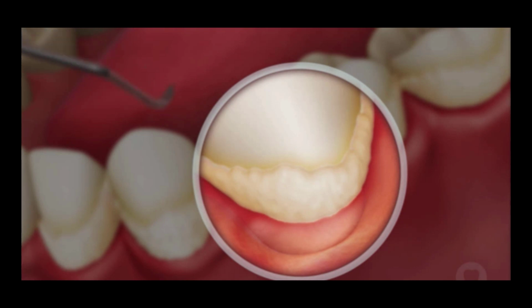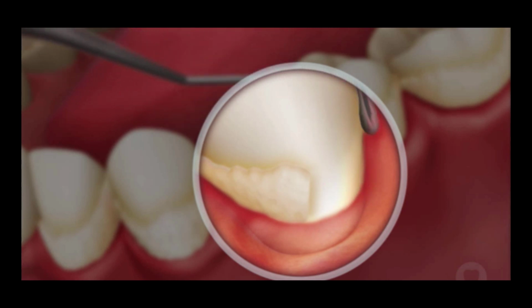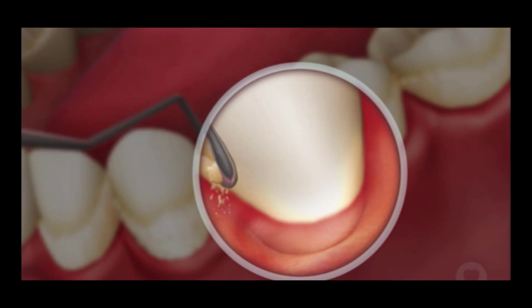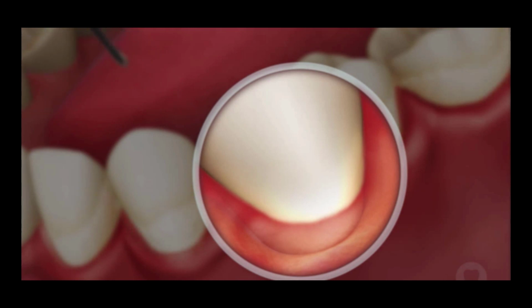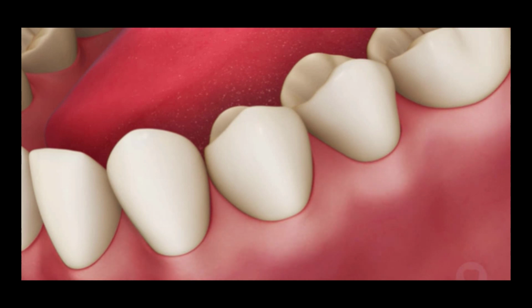Root planing involves carefully removing plaque and tartar that builds up below the gum line on the root surfaces, using special instruments called scalers. With regular professional cleanings and good home care, the damaging effects of plaque and tartar can be healed. If severe conditions are present, multiple cleaning appointments may be needed to bring the disease under control as soon as 2 weeks after the initial treatment.